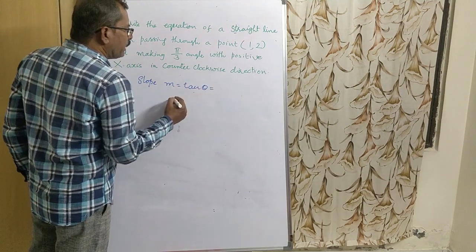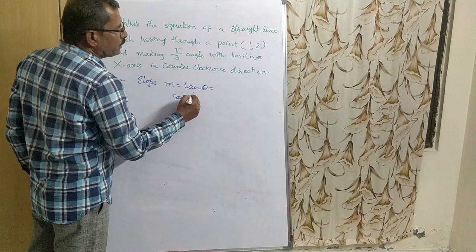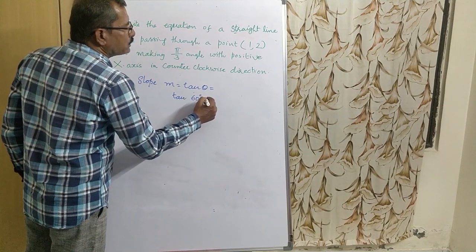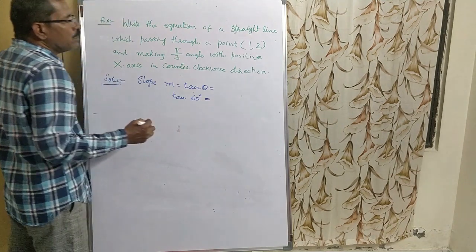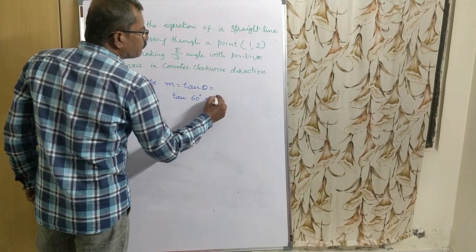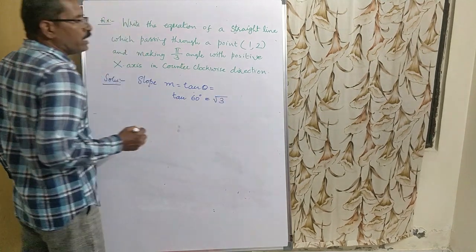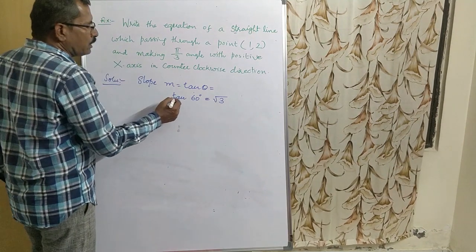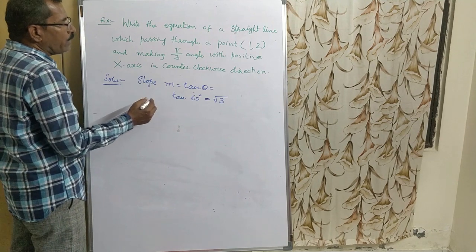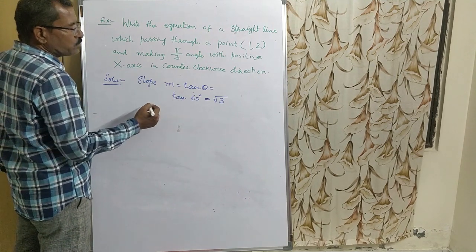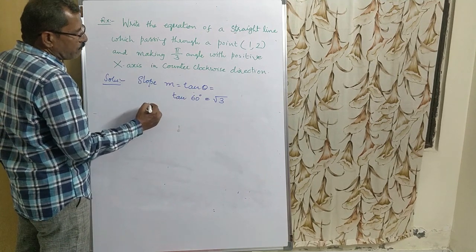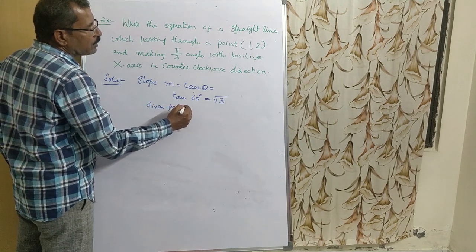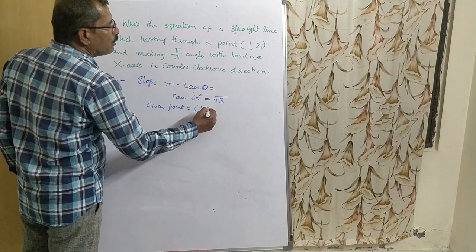Tan 60 degrees. Pi by 3 means 60 degrees. What is tan 60 degrees? That is root 3. You know the tan 60, sin 60 and cos 60 values from class 10. Okay. And this is my slope m, and the given point is 1 comma 2, which is my x1 comma y1.